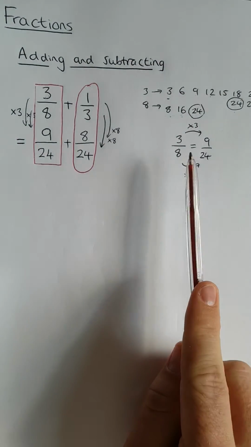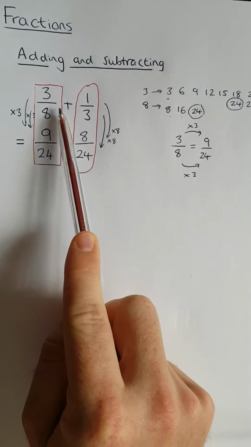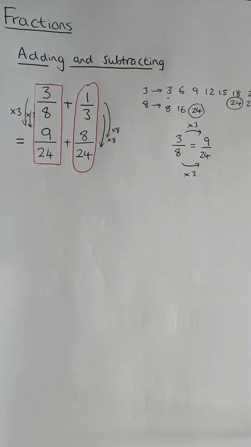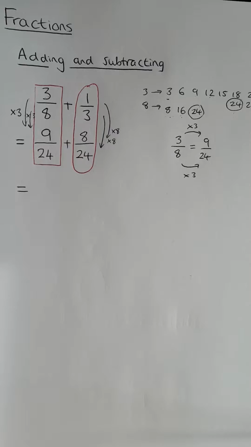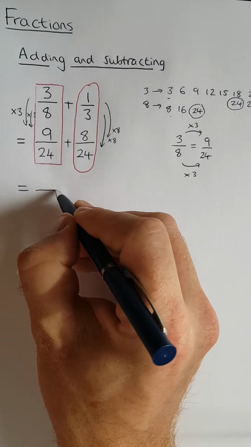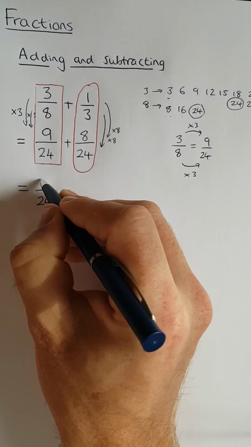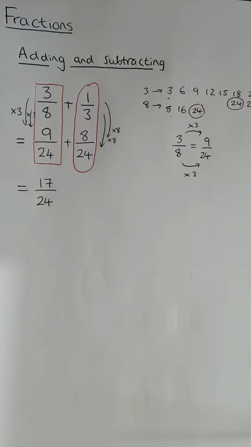So you're having to change your line from looking across to looking down. So keep the arrows, and that will make that much easier. Now that you have the same denominator, you can add away. Result.